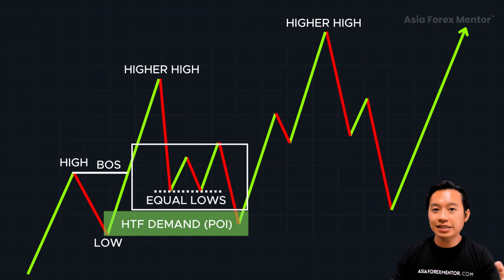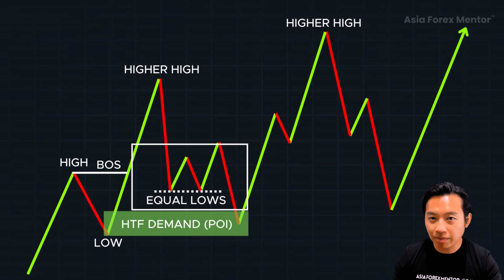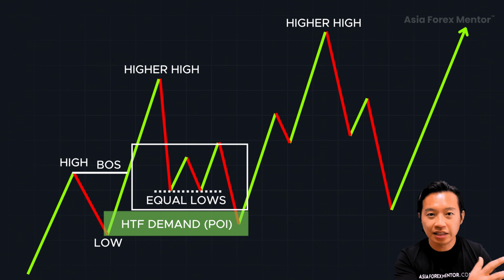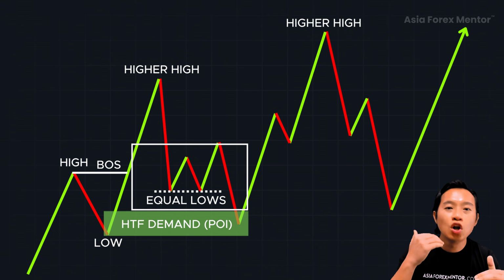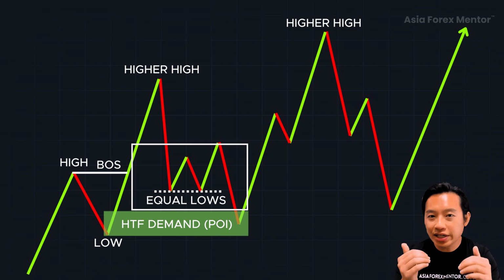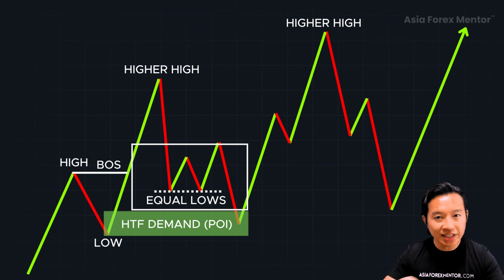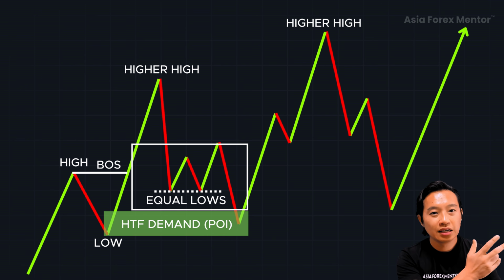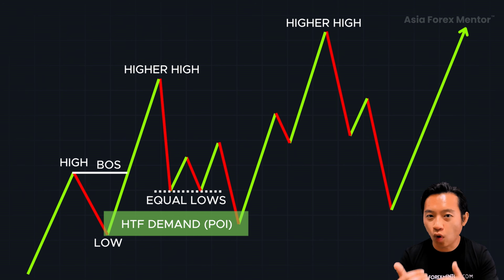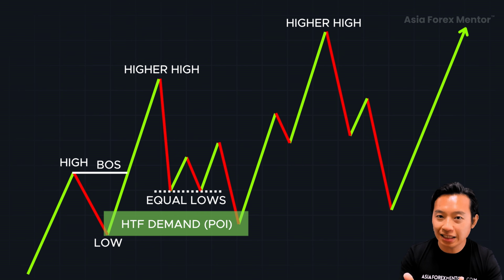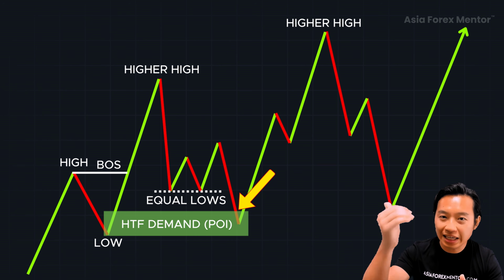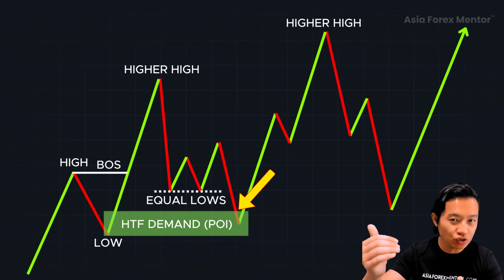Since price didn't create new lower lows and lost the downside momentum, these traders initiated long positions. Once we get confirmation from the liquidity sweep, the next step is watching the price enter the higher time frame demand zone.